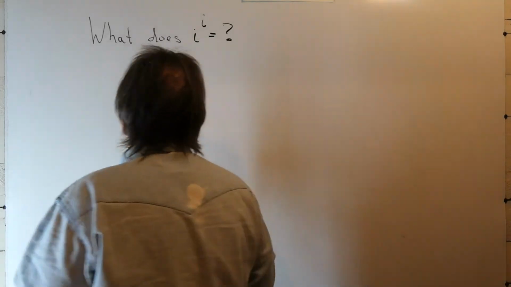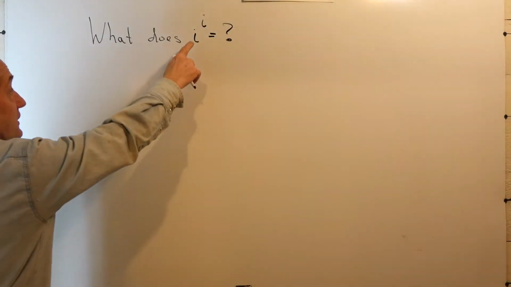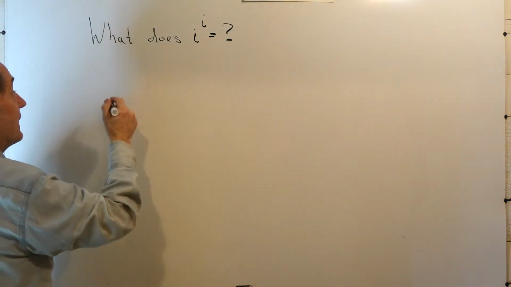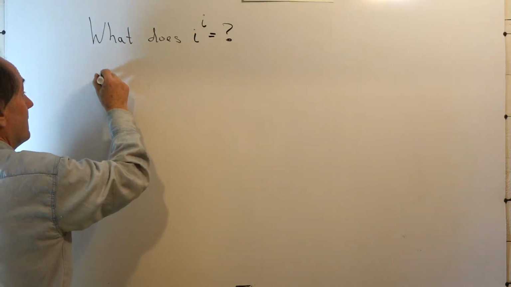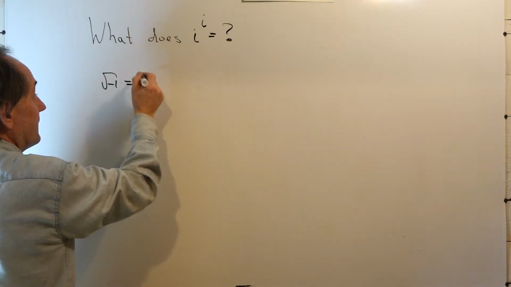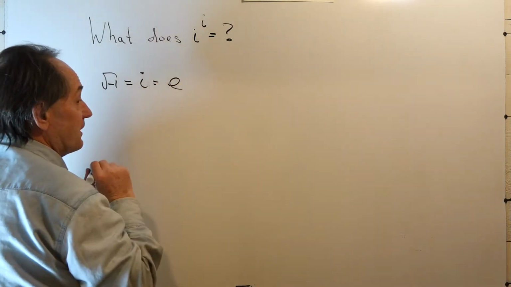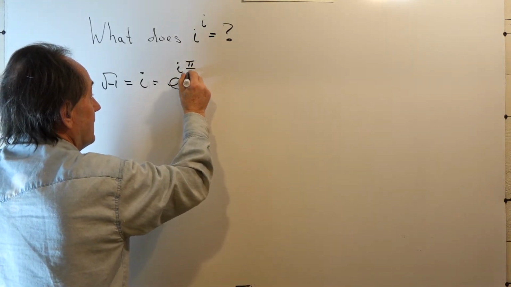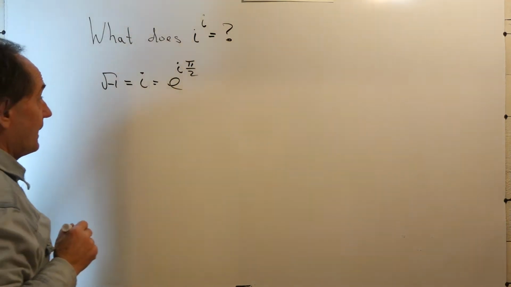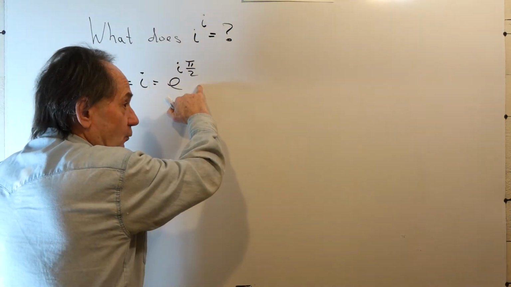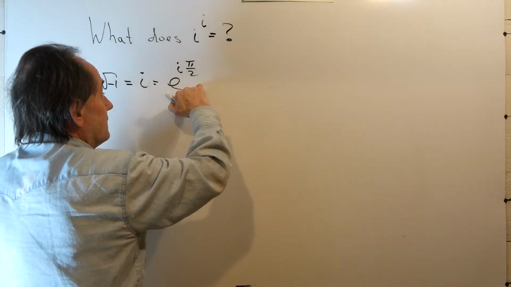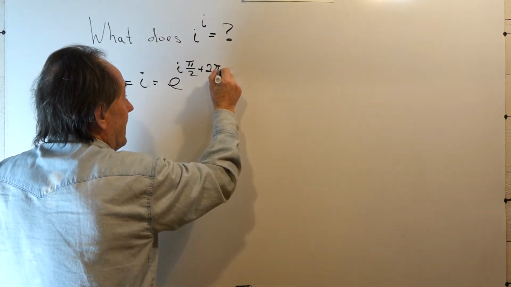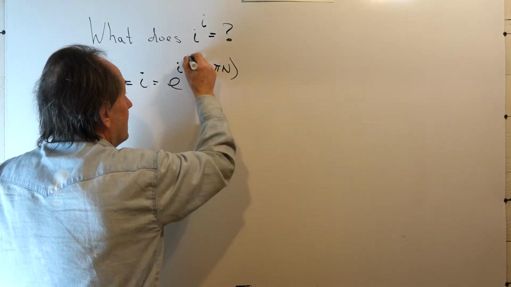So on this one, the first thing is to express the base i in exponential form. We can write i, the square root of -1, in polar or exponential form as e to the i pi over 2, and then to make it multi-valued we add 2 pi n, where n is an integer.